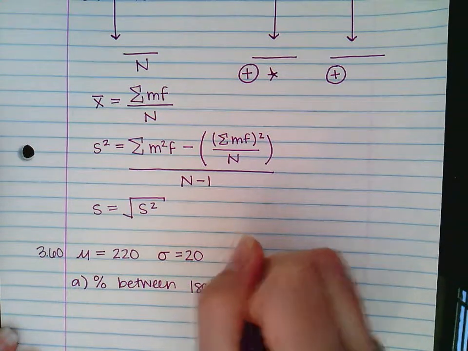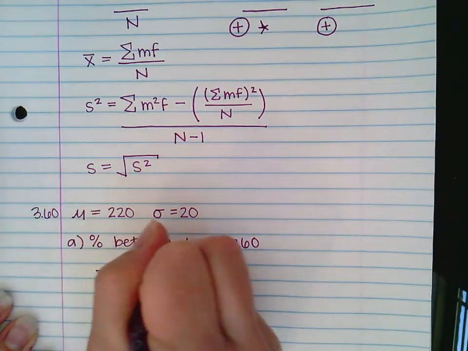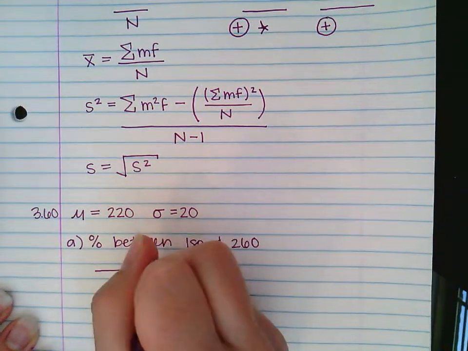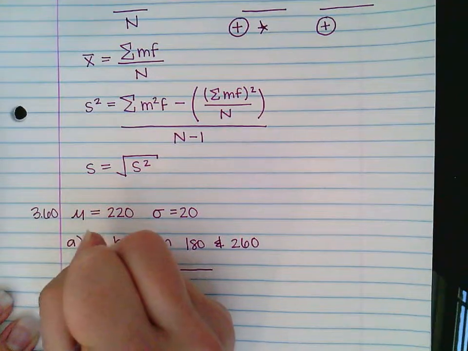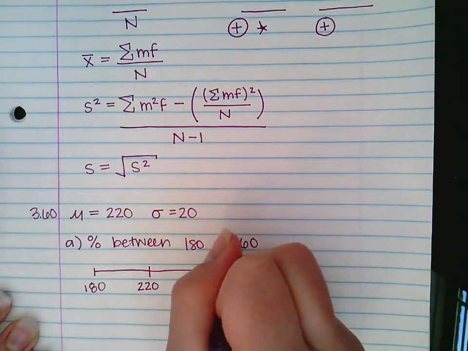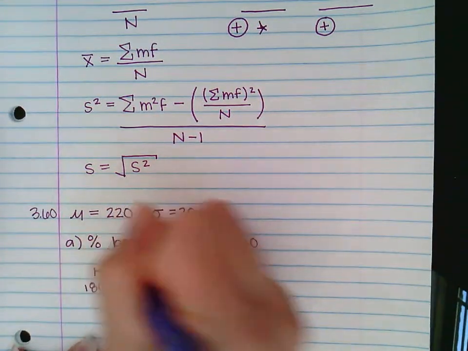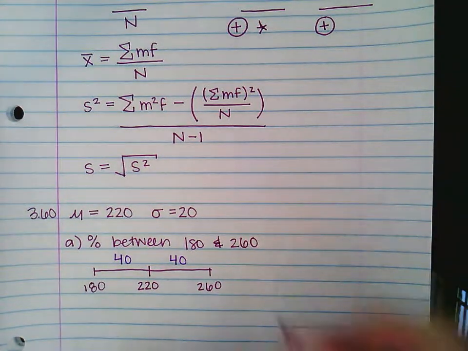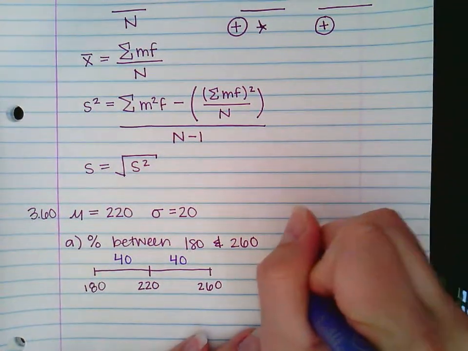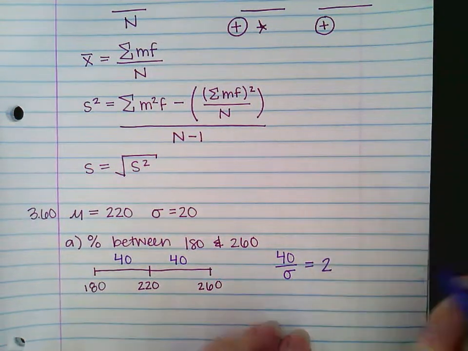180 and 260. Okay, well, if you think about this on a number line, here's 220, here's 180, here's 260. Both of those values are about 40 units away from the middle. Well, if we take 40 and we divide by the standard deviation, we get 2.